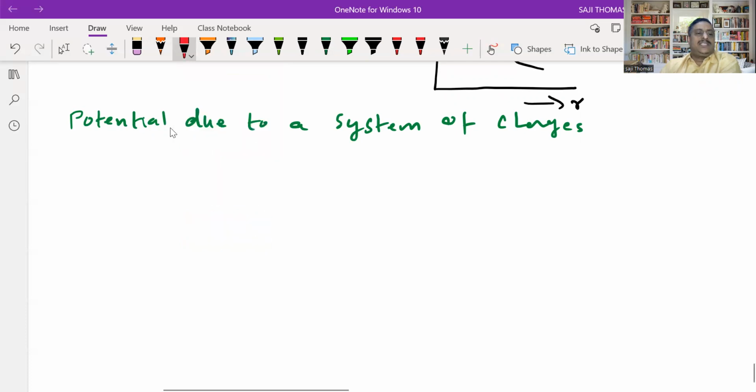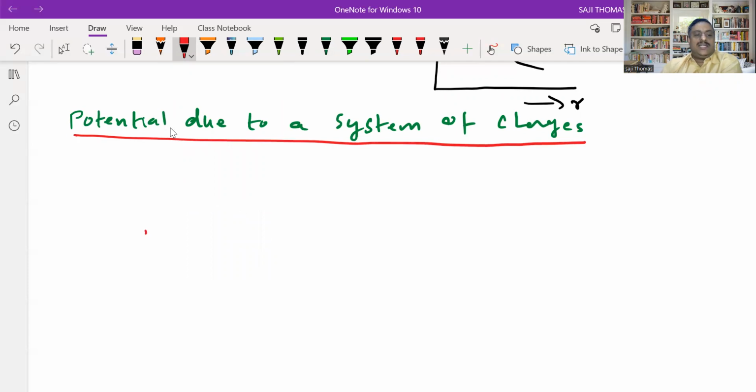So imagine a system of charges, many charges. So this charge say Q1. This charge is Q2. This charge is Q3. So imagine a point P here. We are going to find out the potential at the point due to all these charges.